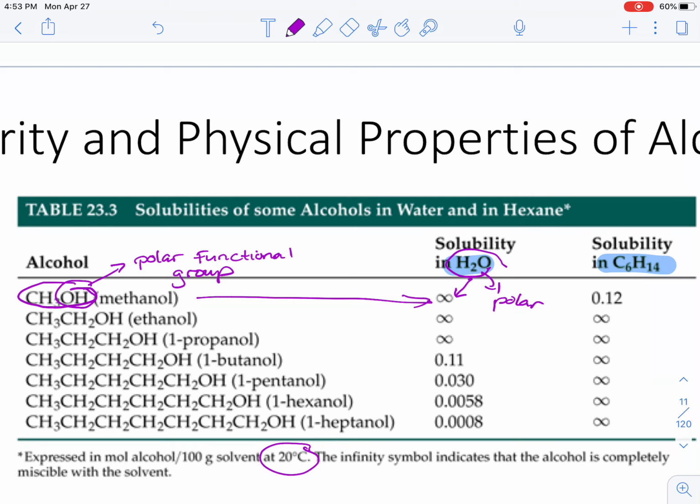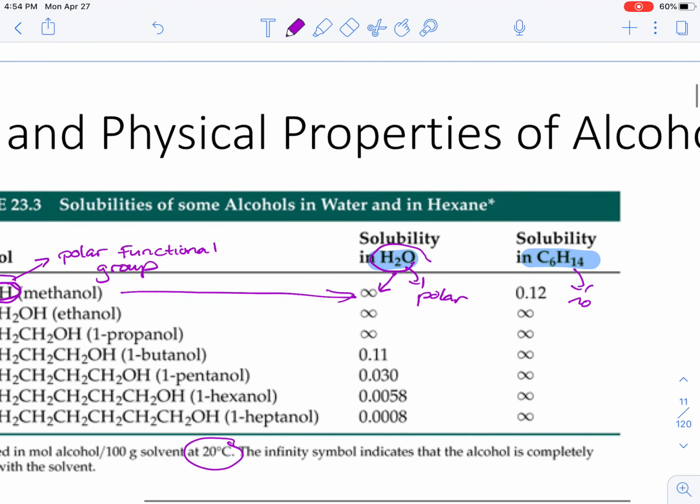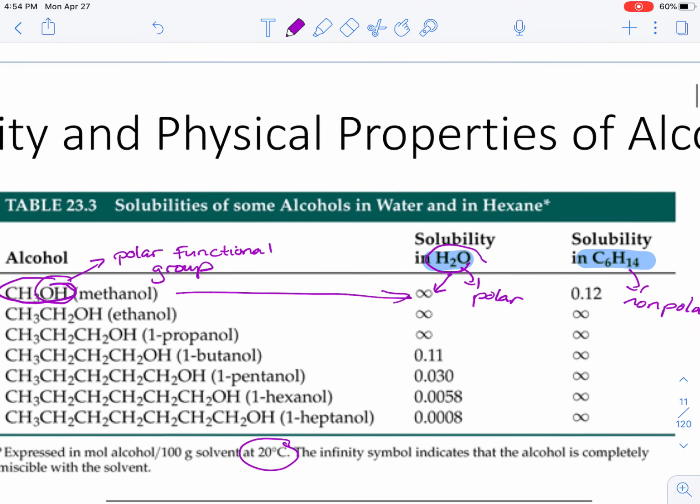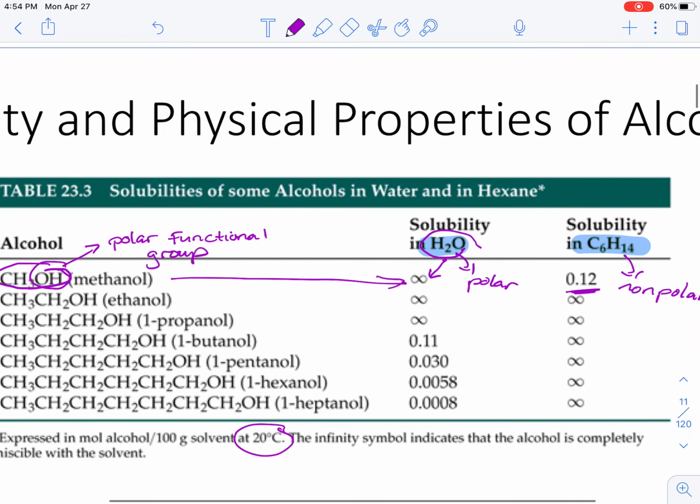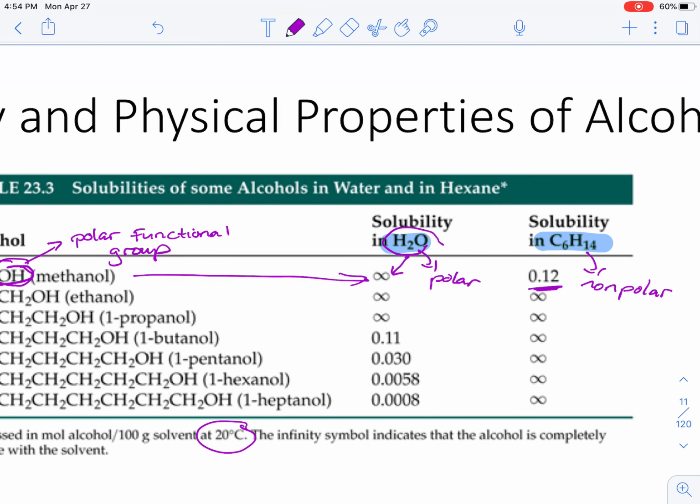And so the solubilities of these substances change depending on temperature. Now, when you guys are looking at the solubility of methanol in something that's nonpolar, only 0.12 moles per 100 grams of solvent will be soluble in this nonpolar substance.